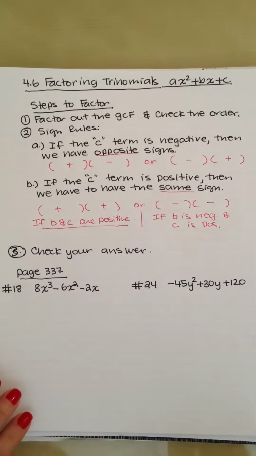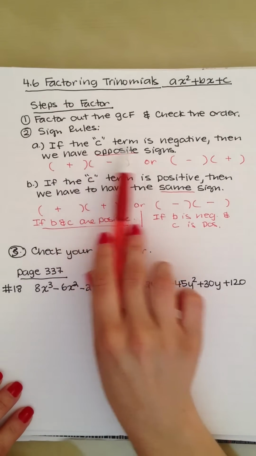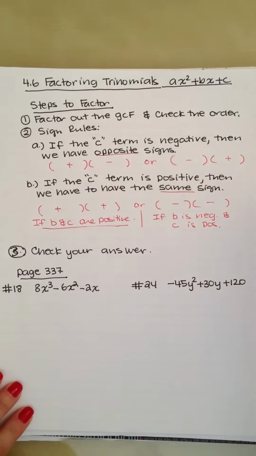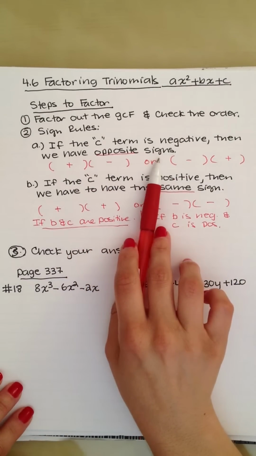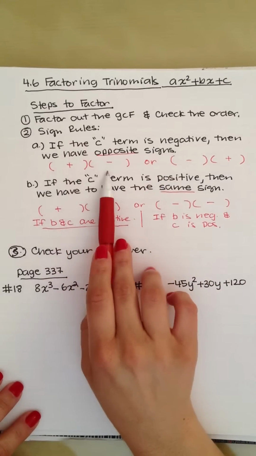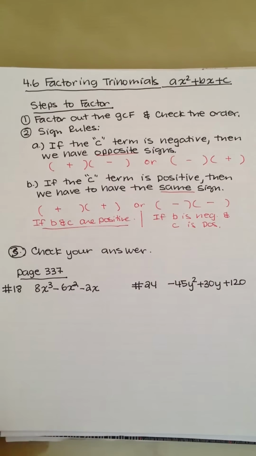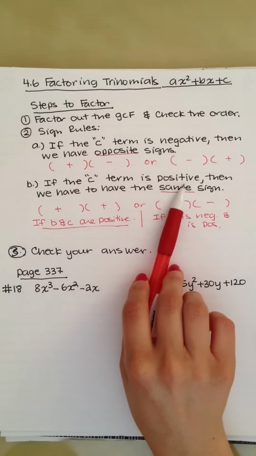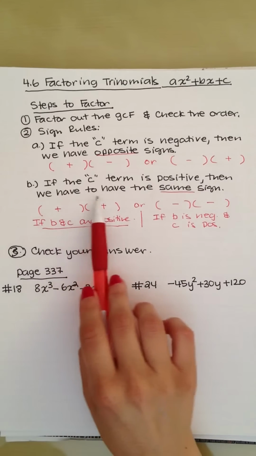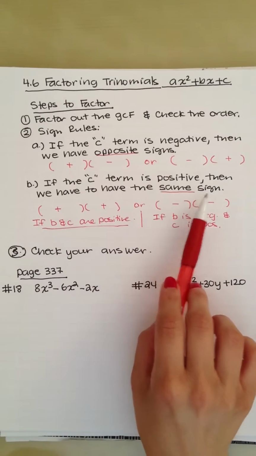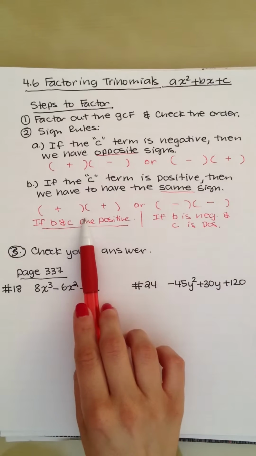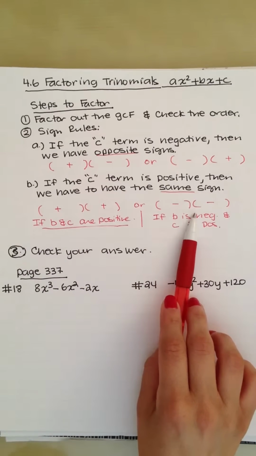If the C term is negative, so if this last number here is negative, then we will have opposite signs, meaning you have plus minus or you have minus plus. So if the C term is negative, the signs will be opposite. The other possibility is if the C term is positive, then we will have the same sign. So if your C term is positive, they're both plus plus or they're both minus minus.